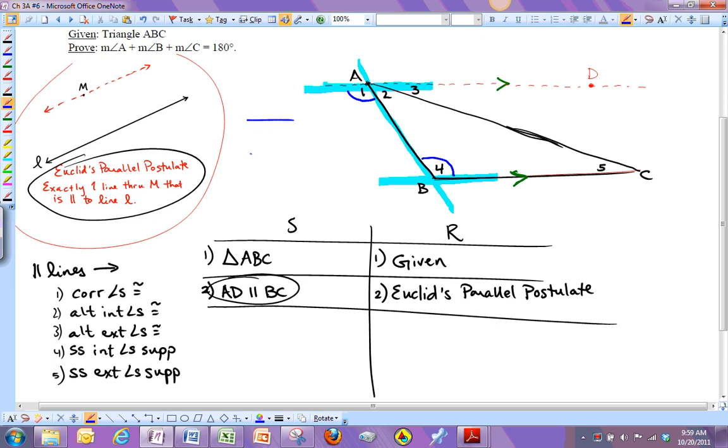And if you can't see it, you can draw them by themselves. Here's 1, here's 4. And they're interior because they're inside these two lines, and they're on opposite sides of the transversal, so they're alternate. So this one right here, I can say, because these parallel lines give me alternate interior angles that are congruent.